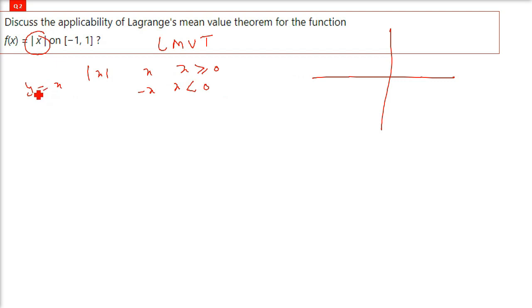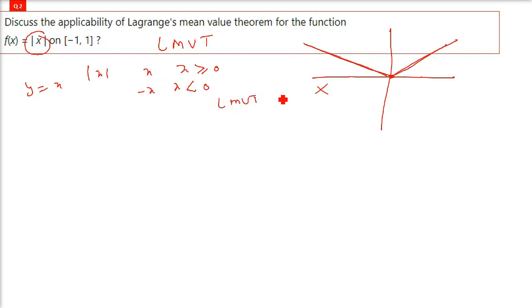I'm not saying that there will not be continuity, but the catch is it will not be differentiable, because there is a sharp turn here, a sharp shift. So this sharpness of that point is the problem. So differentiability is not there with this modulus x. Continuity, you can say it is continuous, but differentiability is not there.